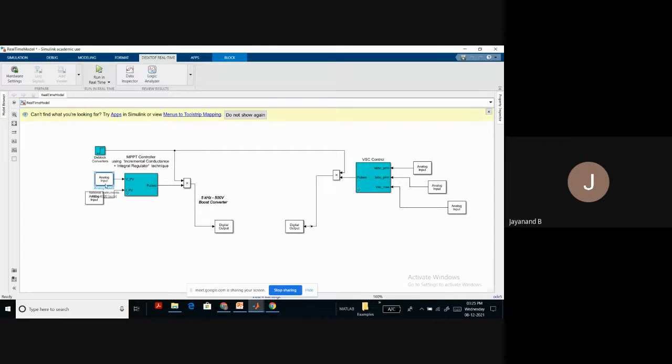So all these values will be available in MATLAB or in the actual real-time code. It will execute all these programs and the digital outputs will be given out.